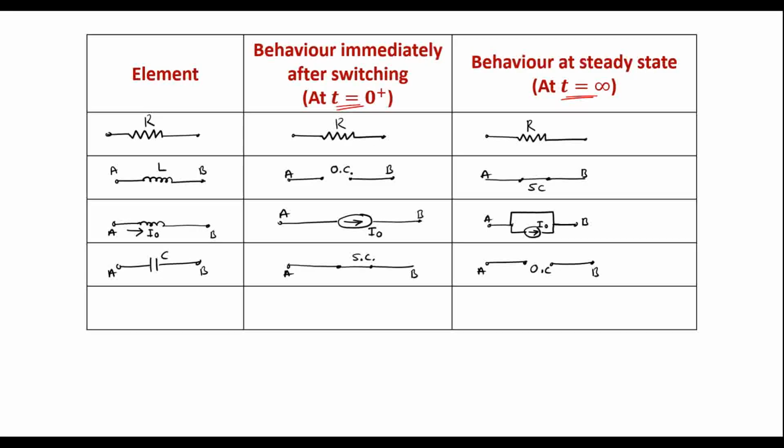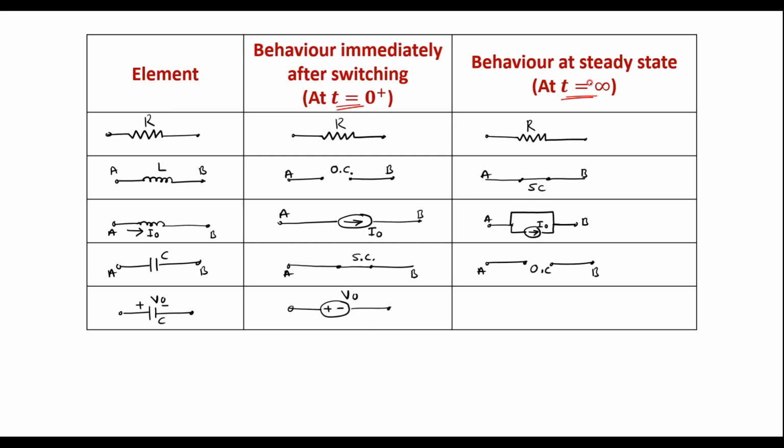Now let me assume that there exists some voltage across the capacitor before the switching operation. That is, let me assume the voltage across the capacitor is V0 before the switching operation. So in that case, at t equal to 0 plus, the capacitor acts like a voltage source of magnitude V0.